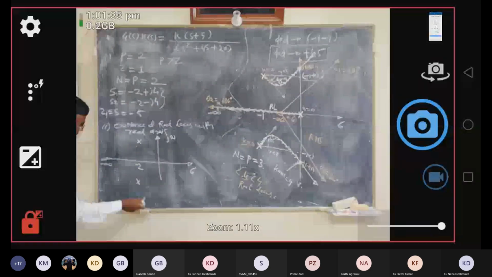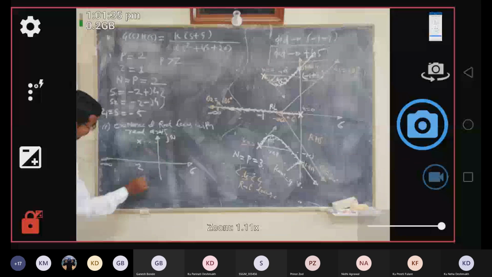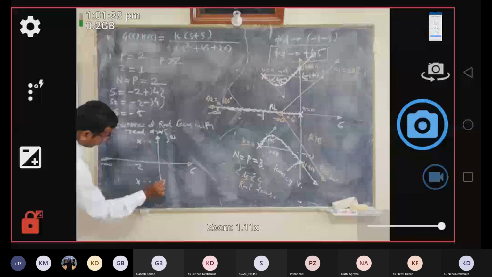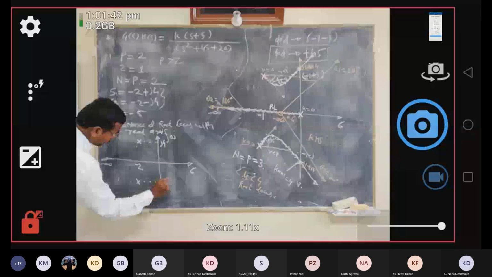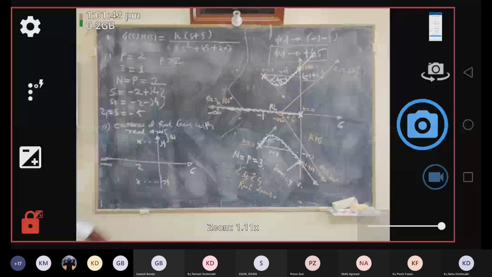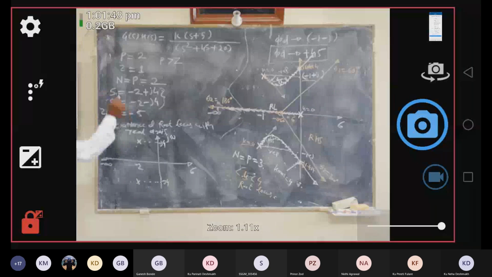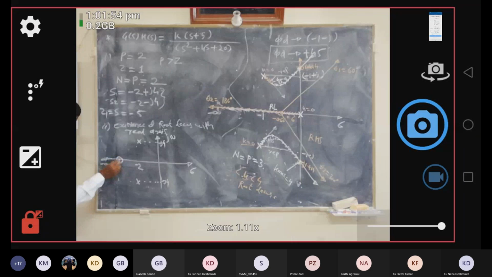This point is minus 2. This could be j4, this could be minus j4. This is plus. Okay, so the pole is done, now 1 zero. The zero is located at minus 5. Let's say the symbolic representation of zero is a small circle. So this would be my zero at minus 5. So this is the pole zero plot location.